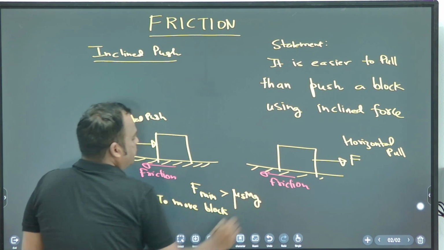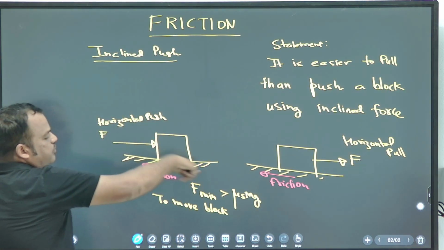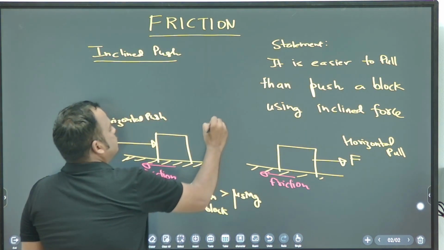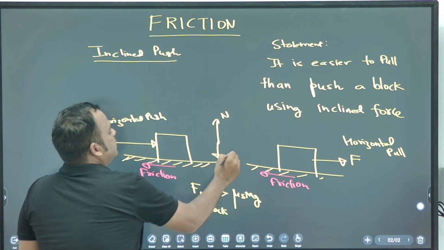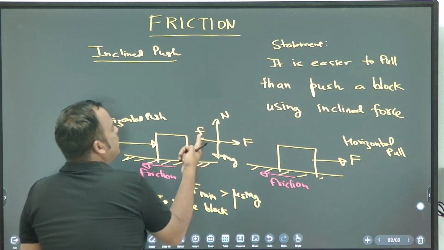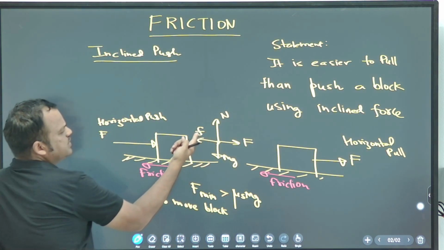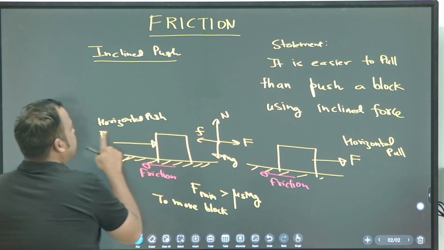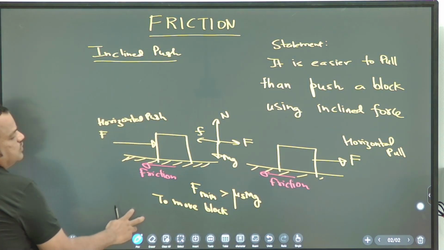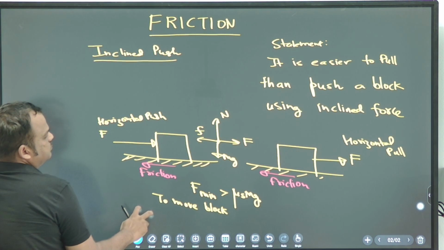Correct. Good, because N is mg here. Small f is friction. Remember, small f means friction, capital F means external. So same formula for both, right?